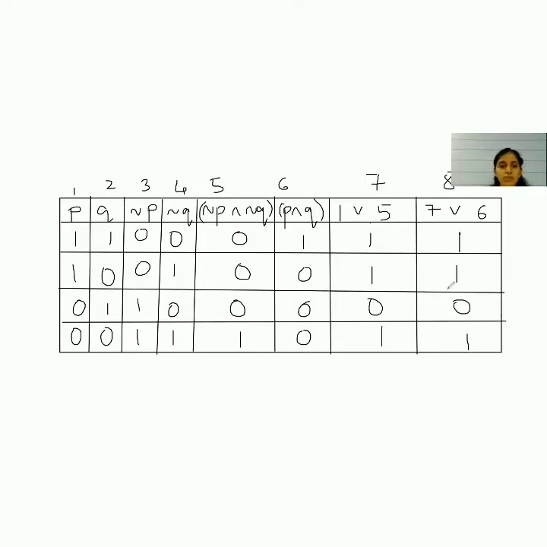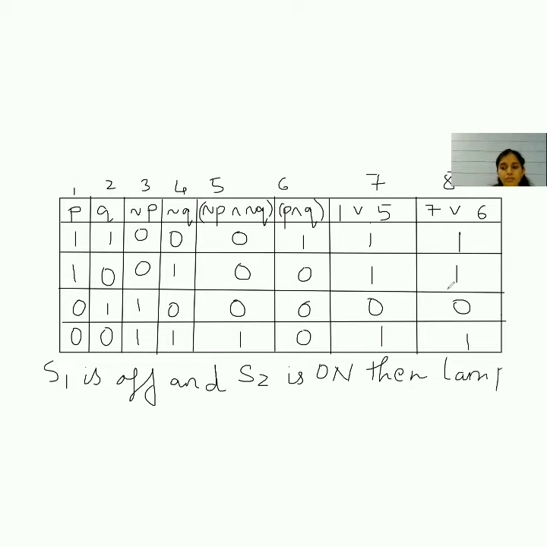So the interpretation of this input-output circuit would be that the circuit will work all of the times other than when P, that is S1, is off and S2 is on. Then the lamp will not glow. This is how you will interpret the circuit.